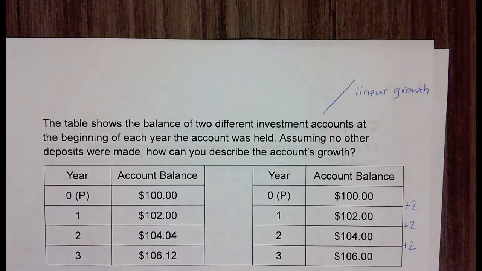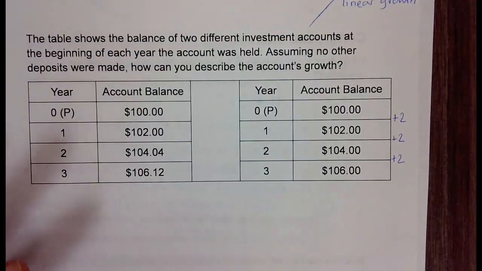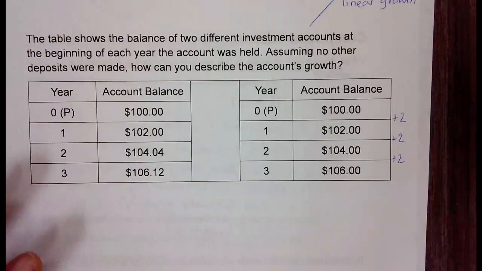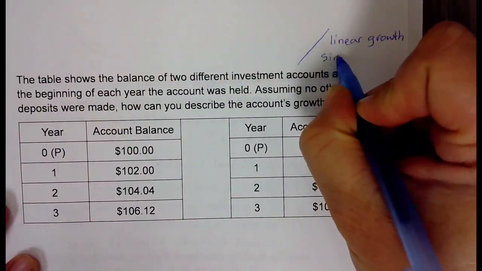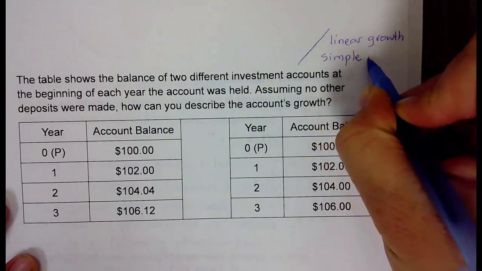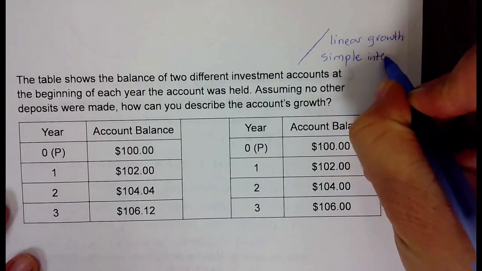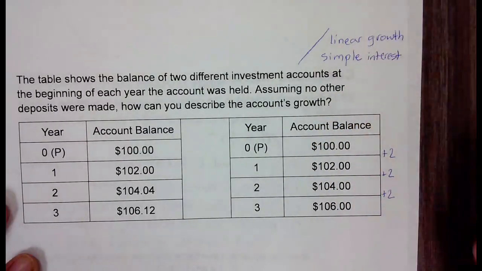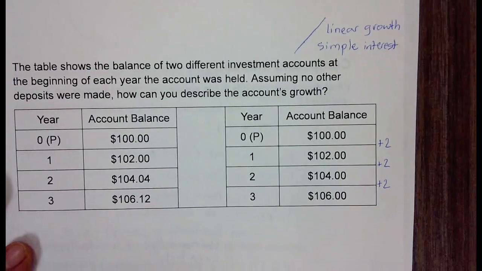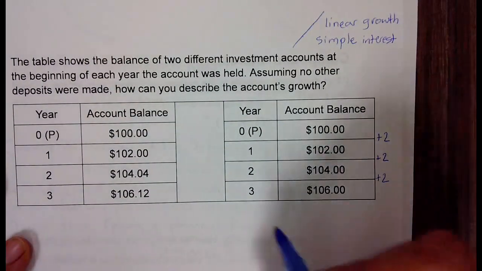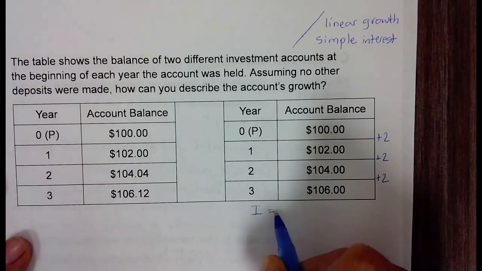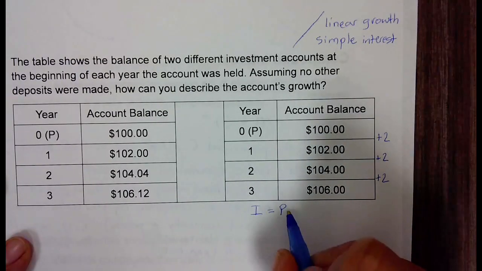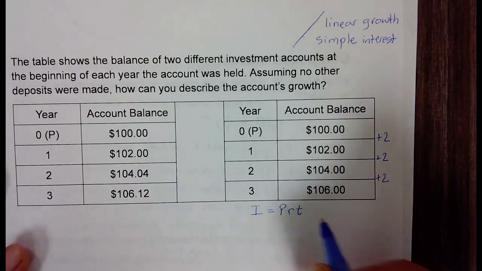And I can calculate the rate that it's growing. Because this is linear growth, I know that it's simple interest. So to calculate the rate that it's growing, I'm going to use my simple interest formula, which is I equals principal times rate times time.